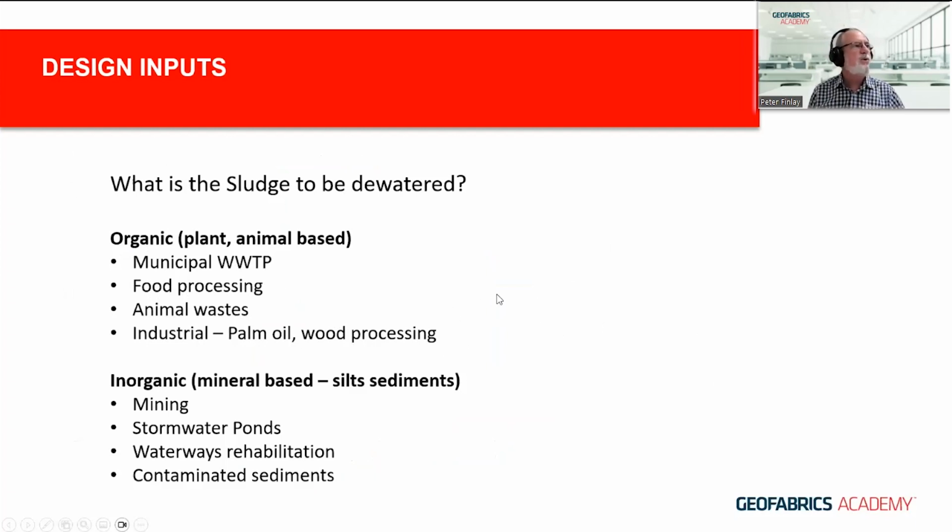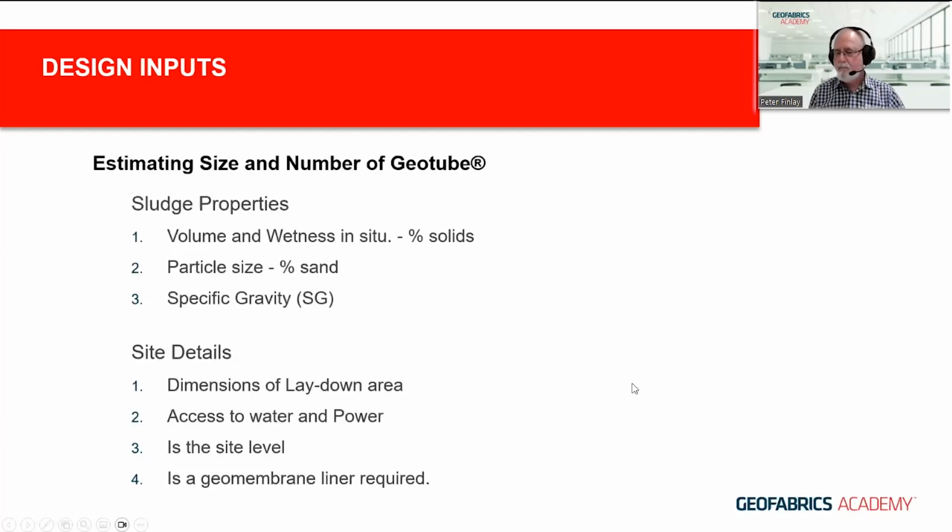They hold their water differently than a sediment involved in sort of mining, stormwater ponds, waterways and contaminated sediments. So this information is really required, and the design really comes down to estimating the size and the number of geotube.